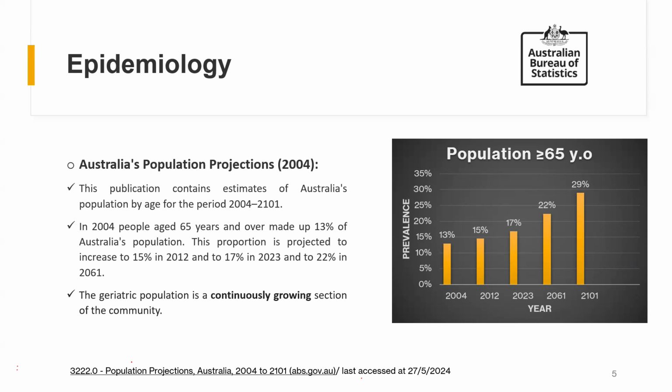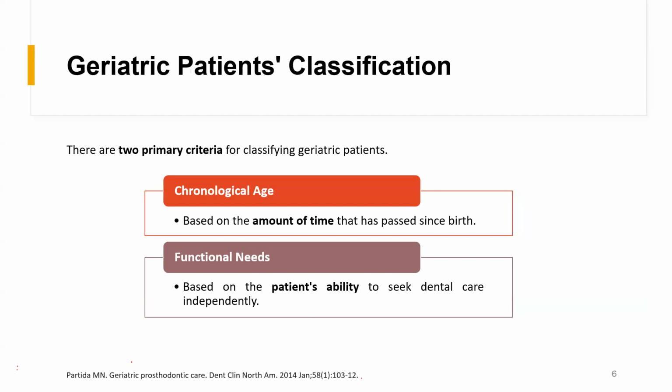And the projection indicated that this proportion will gradually increase until it reaches 29% in 2101. Therefore, we can conclude that the geriatric population is a continuously growing segment of the community. Okay.